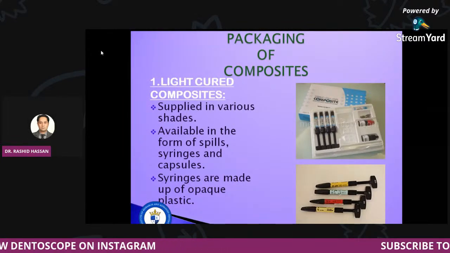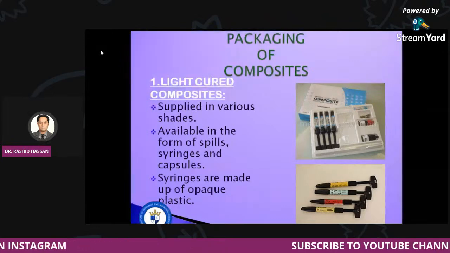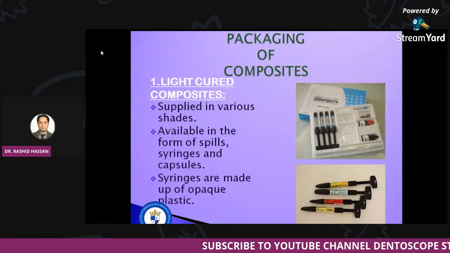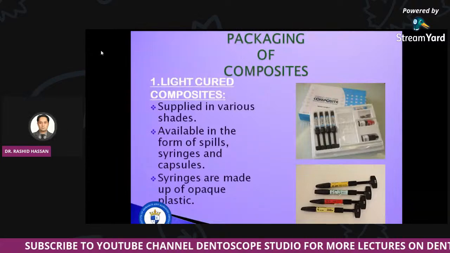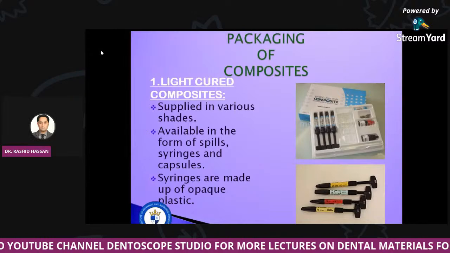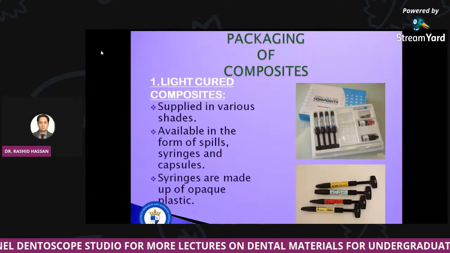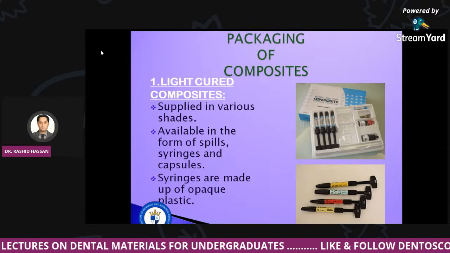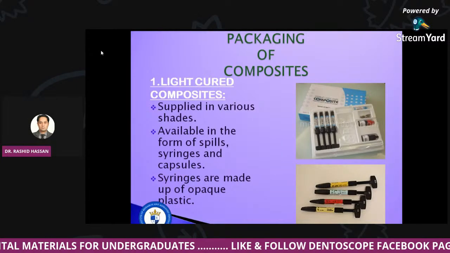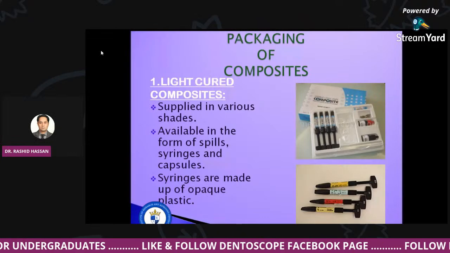Although it will get activated by blue light, some activation process also starts even when ultraviolet light is there. So once the ultraviolet light reaches the dental composite, that's curing it.